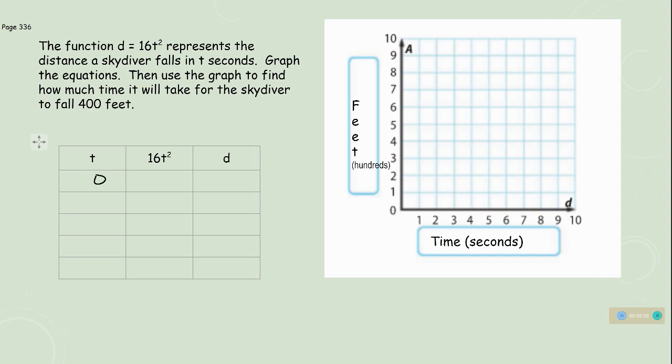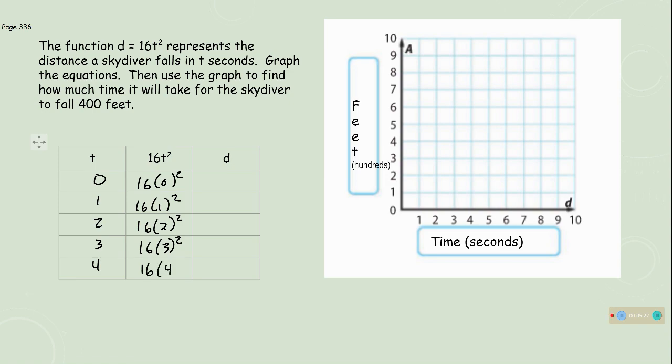So we'll start with 0, and then we'll go 1, 2, 3, 4.